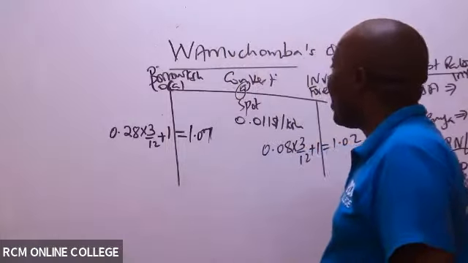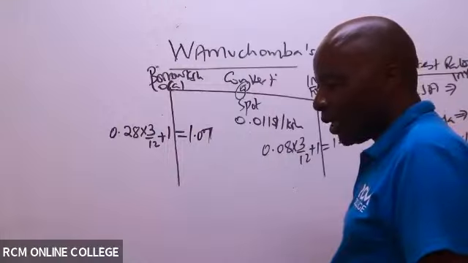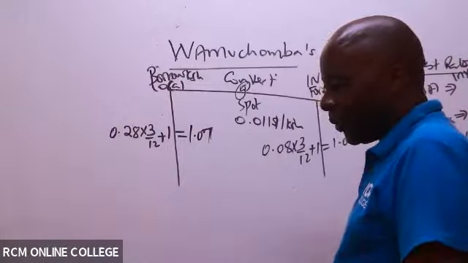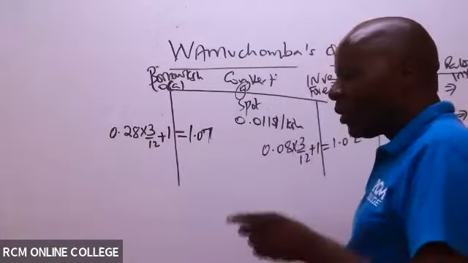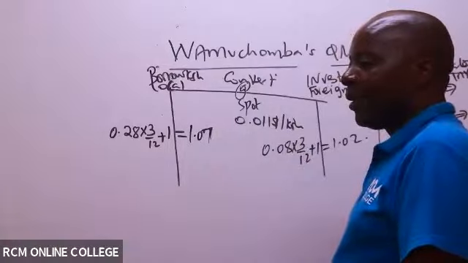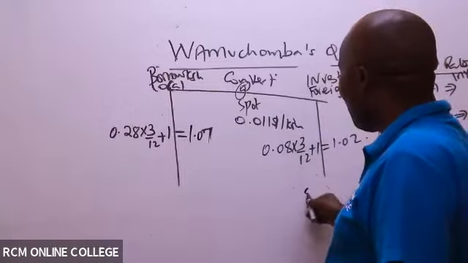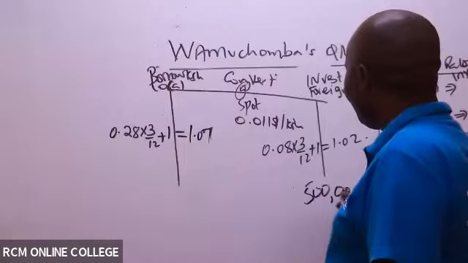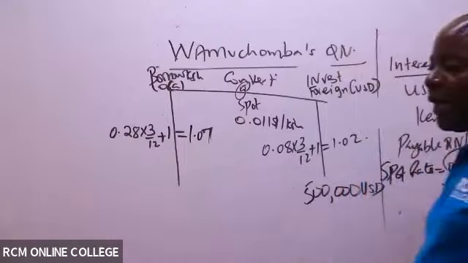So it was 500,000 what here? US dollars, right? 500,000 US dollars is what Wamchomba was needed to pay. So because the 500,000 USD leg is here, you put 500,000 here, US dollars.